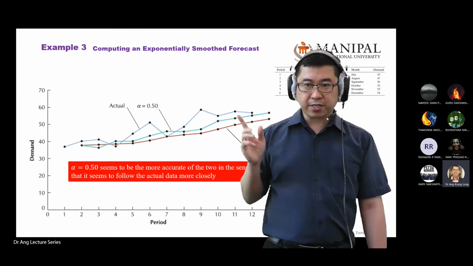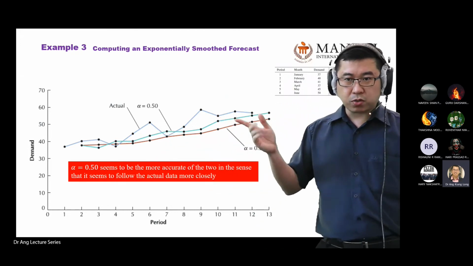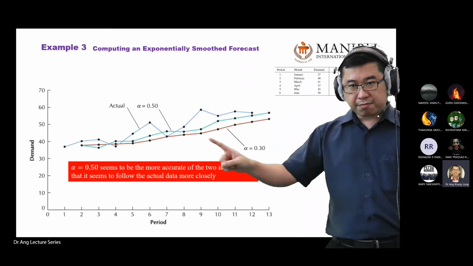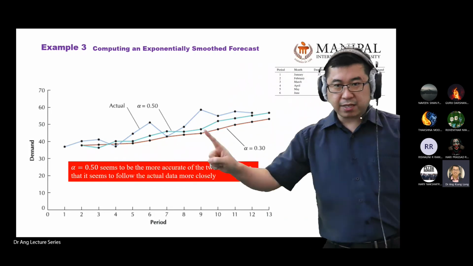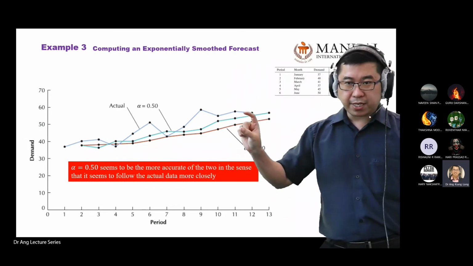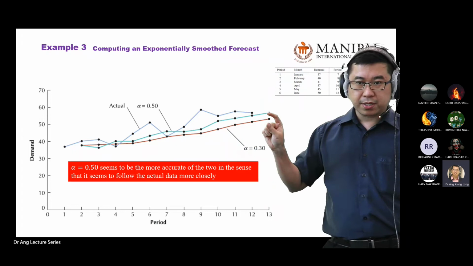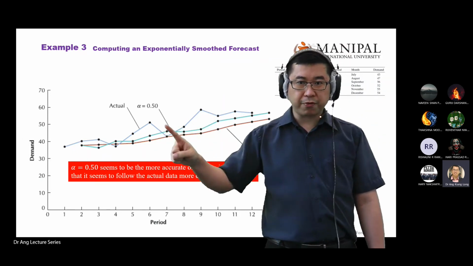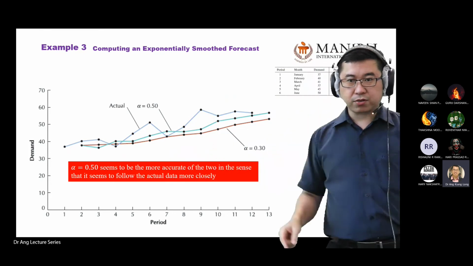The line is closer to the real data compared to the red line. The red line, yes, it's flatter, but you see the gap between the points is huge compared to 0.5. 0.5 is nearer to the actual data.